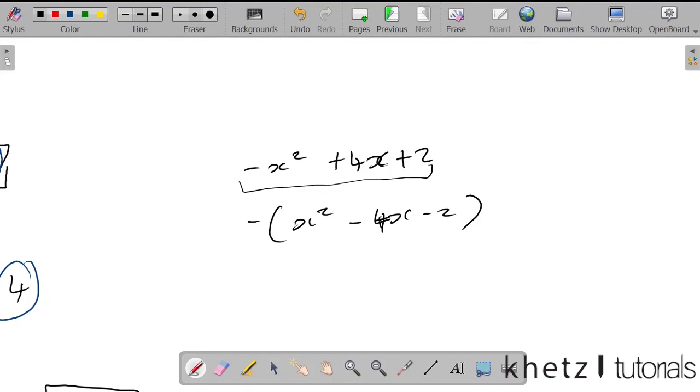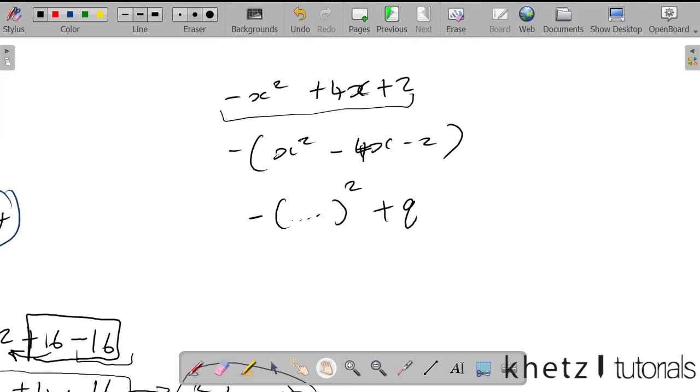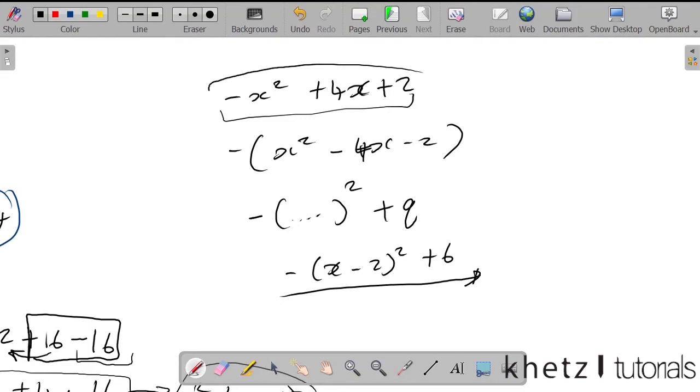So just leave this negative outwards, so you basically in the end have negative something squared then plus q, right? So this is homework to you guys, and the answer which you should expect is negative x subtract 2 squared plus 6.